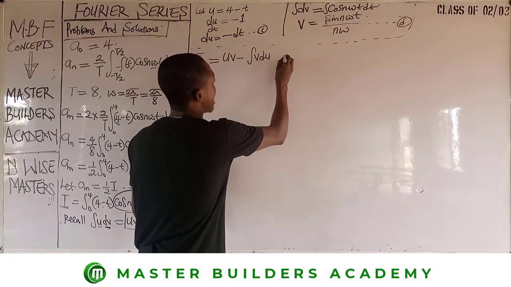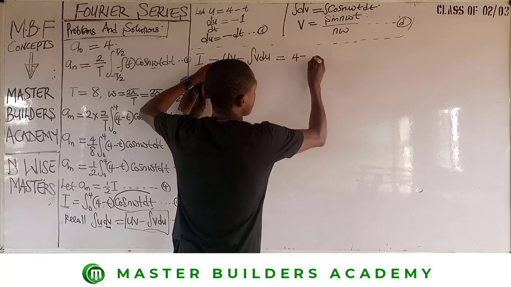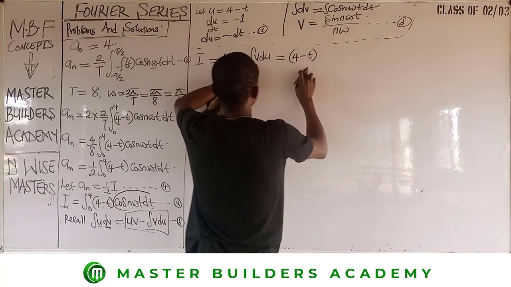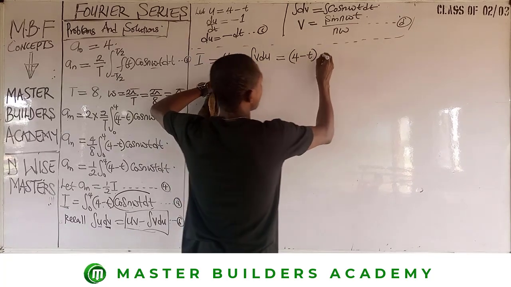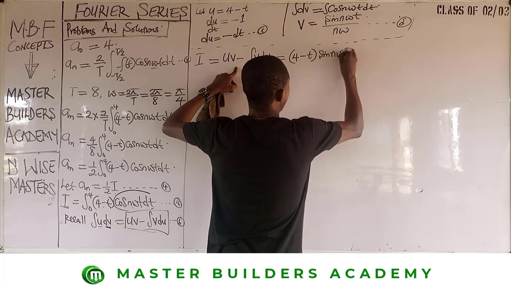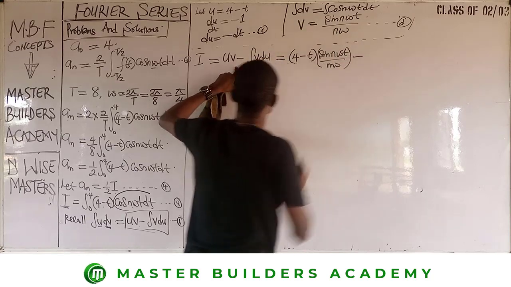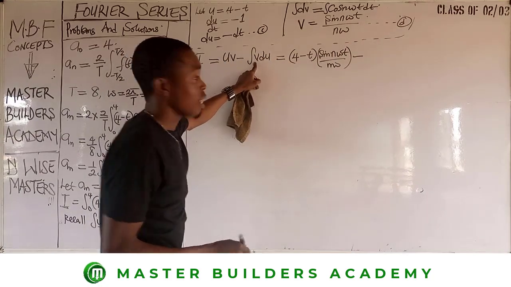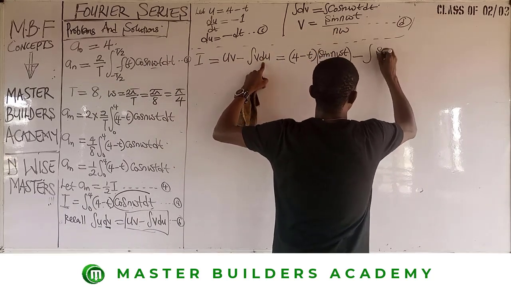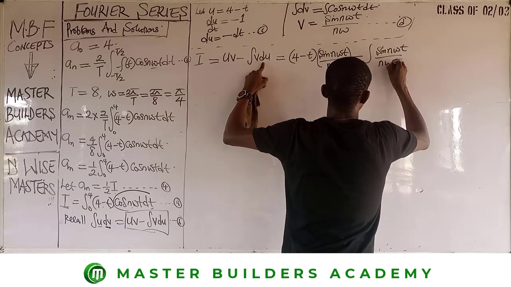Now, know very well that our U is 4 minus t. And what is our V? V is sine n omega t over n omega. Then minus our integral. We introduce the integral. What is V again? Sine n omega t over n omega.